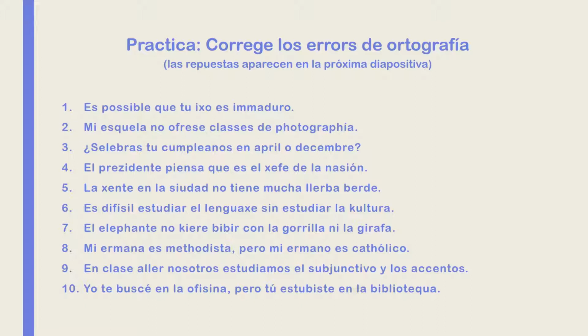The fact that I have two S's in possible and two M's in inmaduro, what I'm trying to get at there is, let's say this was an English-speaking student who made these mistakes. Immature and possible in English have double consonants, which you don't get in Spanish. But the best example that I want to point out here is hijo. Phonetically speaking, I-X-O says hijo.